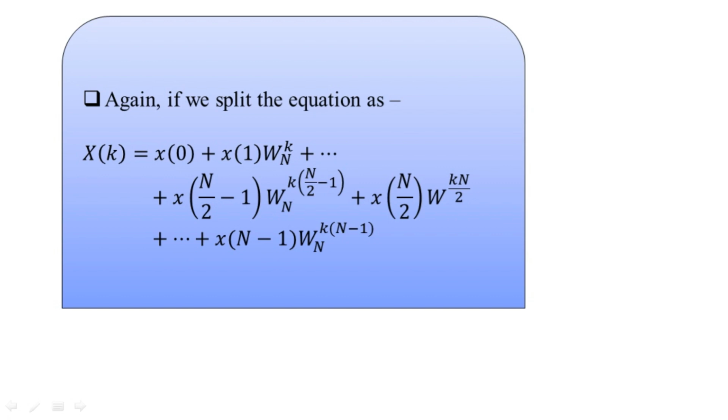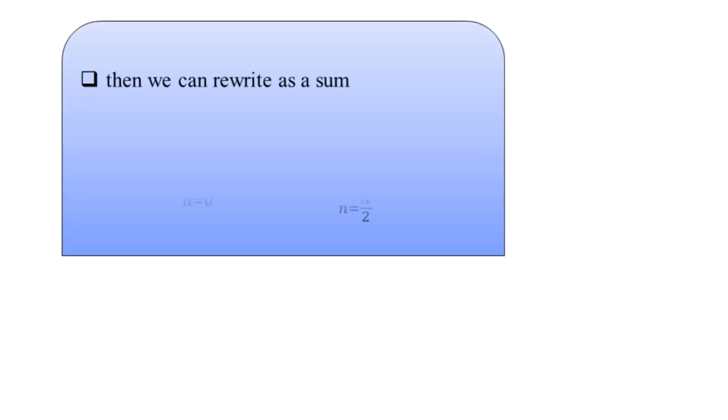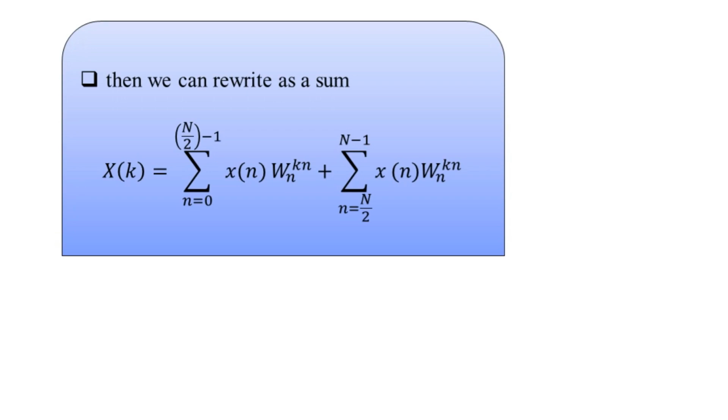So with this split representation for the discrete Fourier transform capital X of k, we can rewrite the summation like this. We make two terms on the right hand side, where we have capital X of k first of all by the summation where n is equal to 0 to capital N by 2 minus 1 operated over x of n multiplied by the twiddle factor W suffix capital N, the power is k into n.